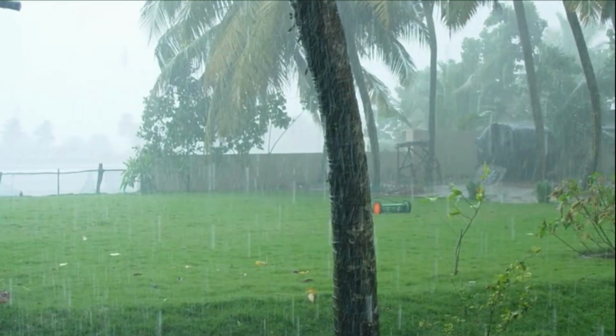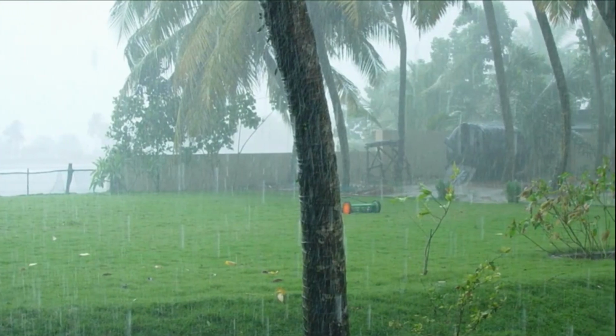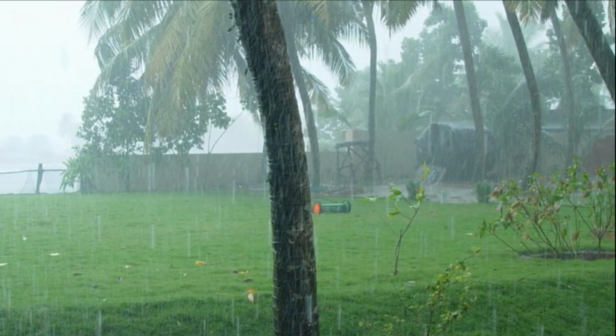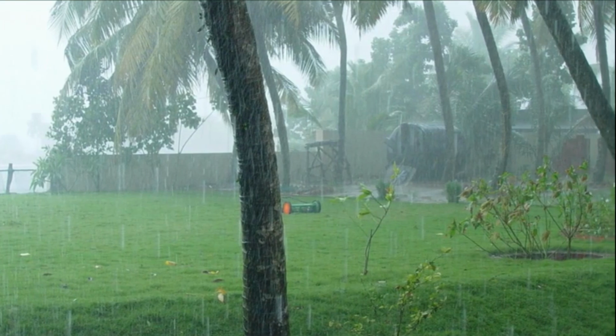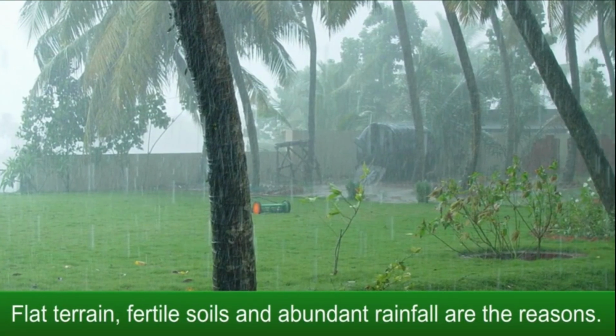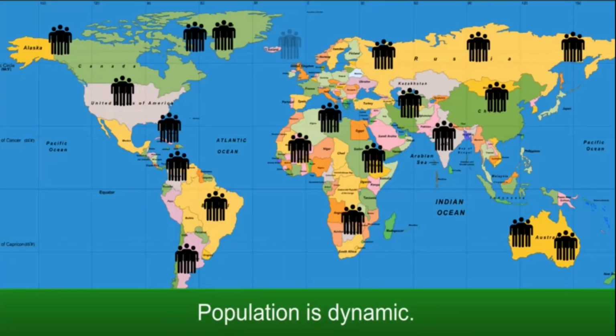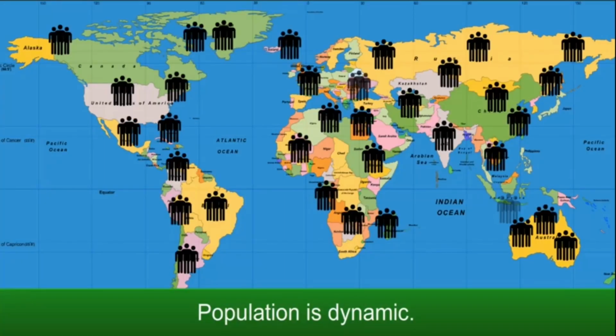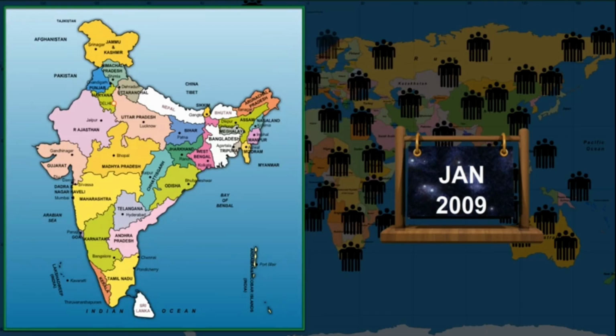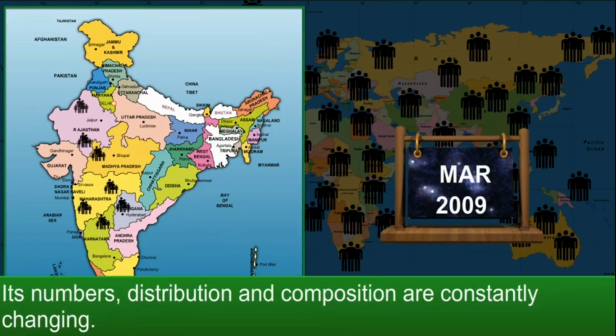This is because of the flat terrain, fertile soils, and abundant rainfall in these regions. Population is a dynamic phenomenon. When you compare the current population to that of earlier years, you will notice that the numbers, distribution, and composition of the population are constantly changing.